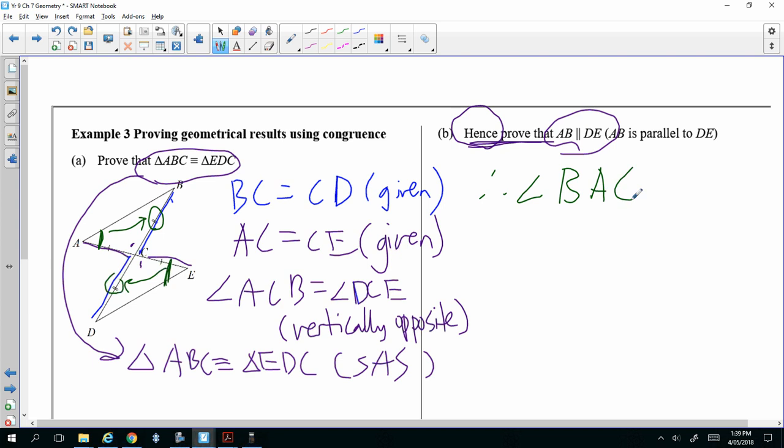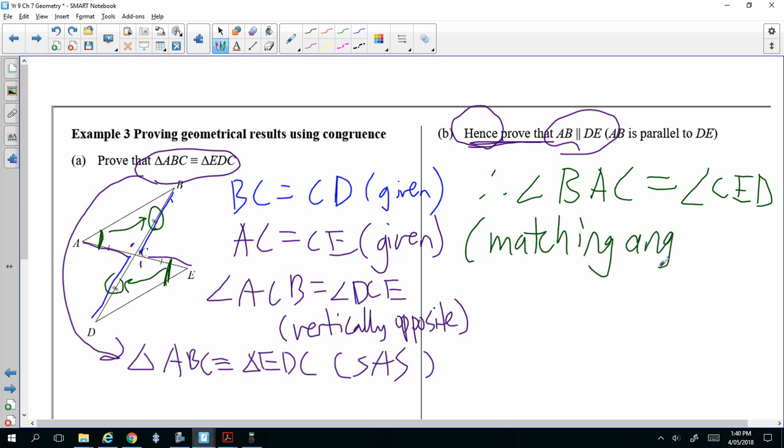Now you have to give a reason. The reason why they're equal is because they are the matching angles of congruent triangles. So that's the reason you have to write down.